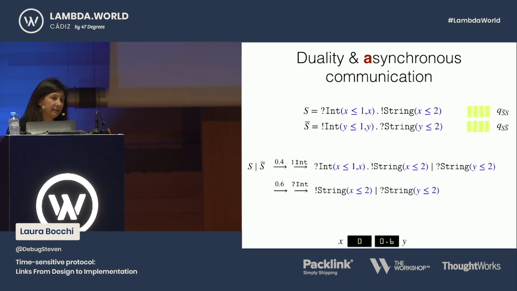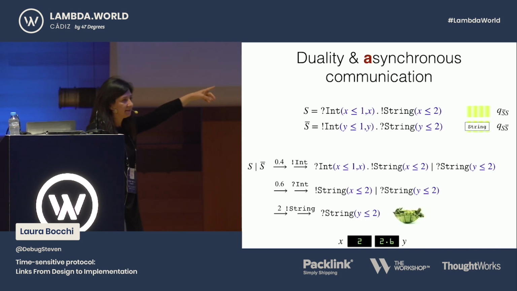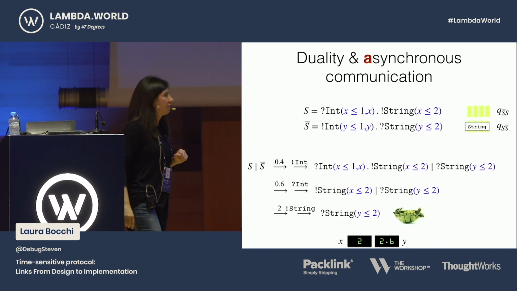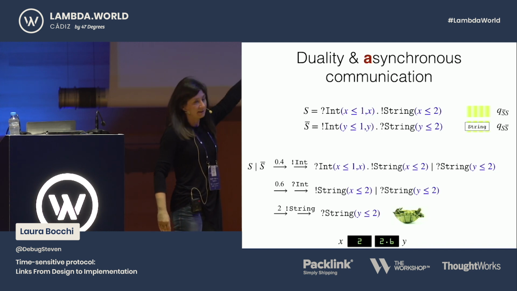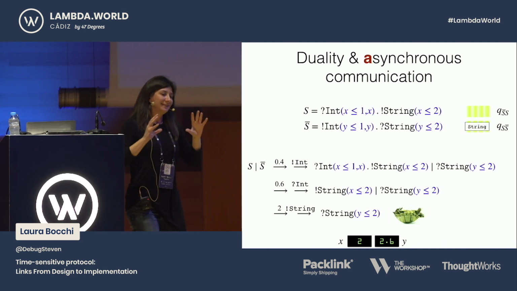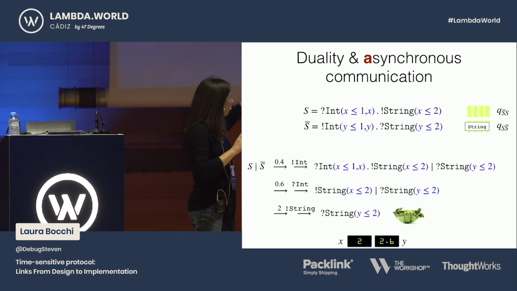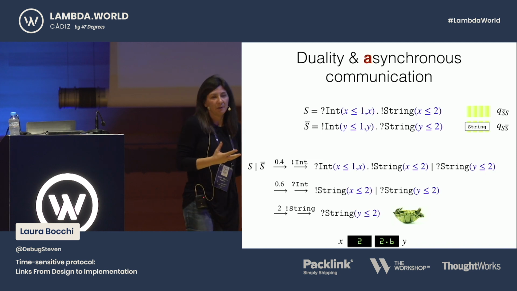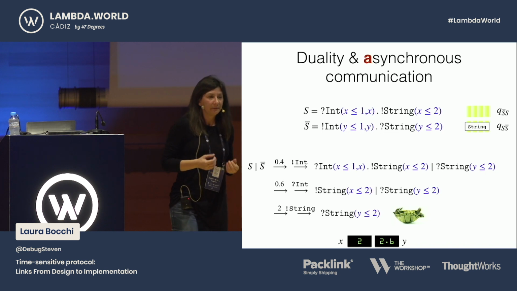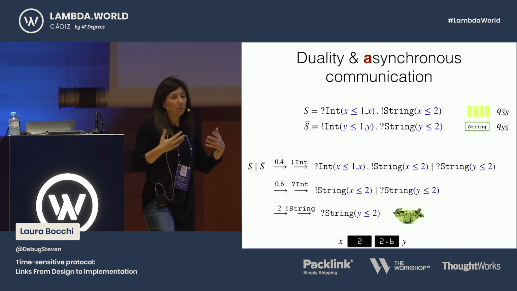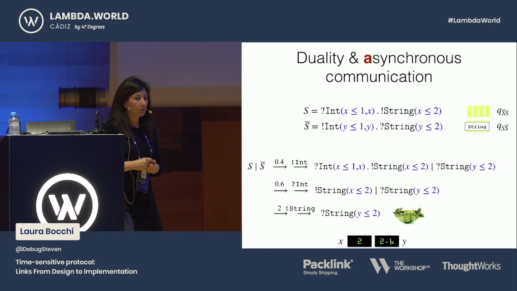And this can be done at any time as long as x is smaller than or equal to 2. So, well, S can wait until 2. And you see that now the time for the dual of S goes beyond the deadline. Okay? So, technically, what happens formally here is that the protocol gets stuck because we can't continue correctly, but in the real world, this is a protocol in which you would not be able to satisfy your own commitments, your own requirements.